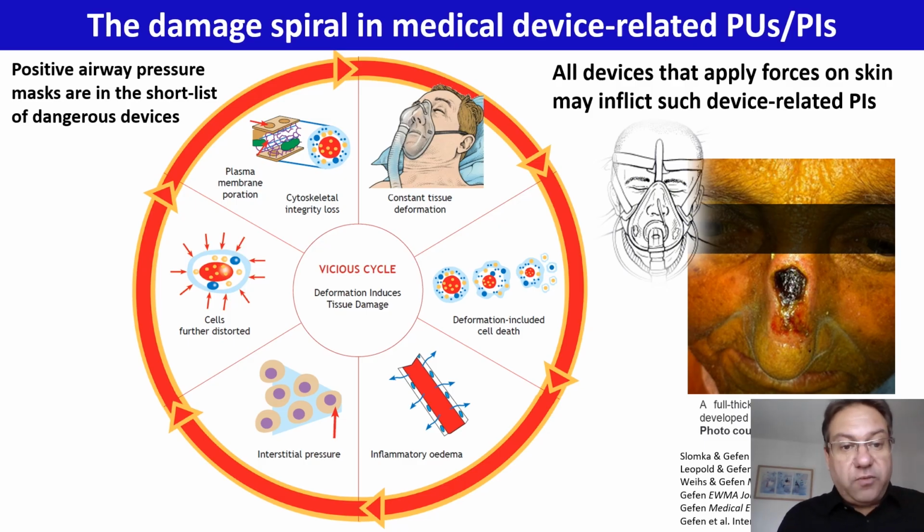And that obviously causes further cell distortion, further deformation, further poration of the plasma membrane, and further cell death, now fueling the inflammation again.